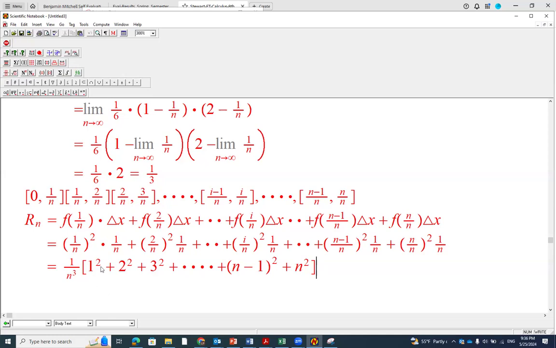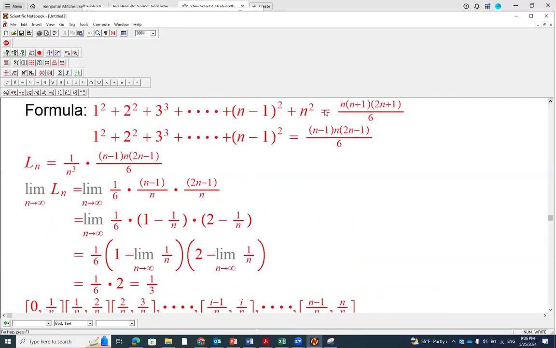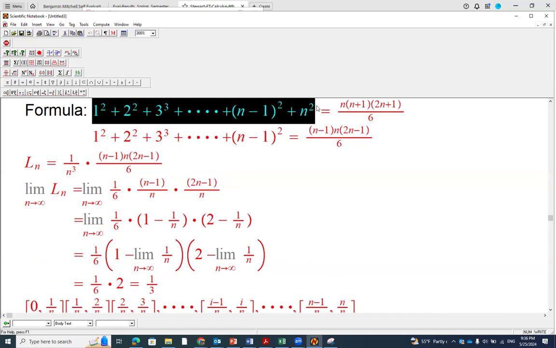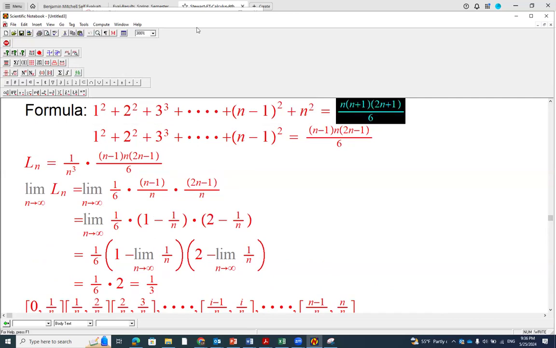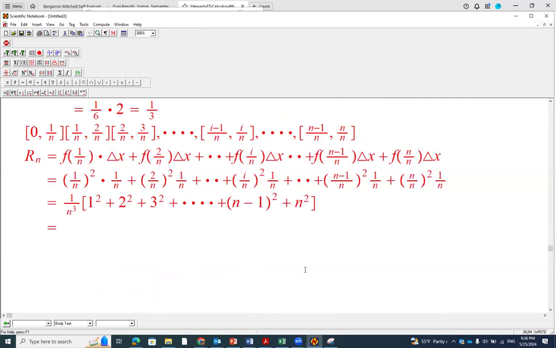Now, in a similar manner, we're going to apply this formula, 1 squared plus 2 squared plus all the way to n squared. So we can directly use this formula to replace the bracket. Boom. And of course, we also have this 1 over n to the power 3.